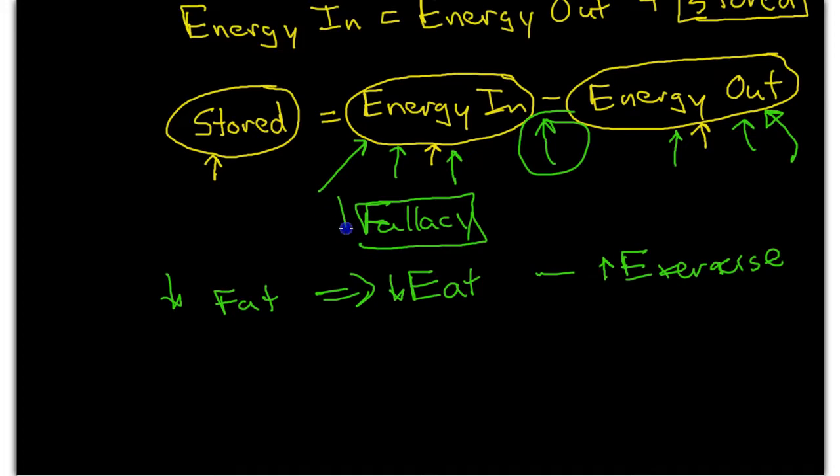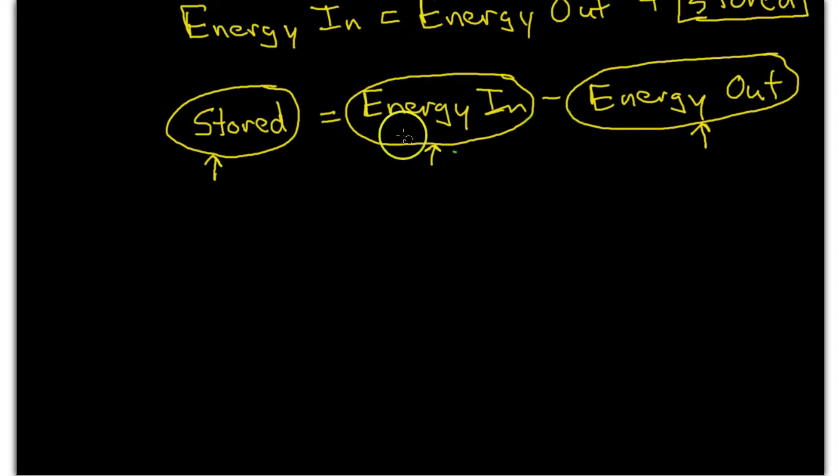The amount of fat that we have is related to the amount that we eat and the amount that we exercise, but there are other factors to consider, and that's what we're going to talk about now. One of the major impacts on the amount of energy that we take in is our appetite.